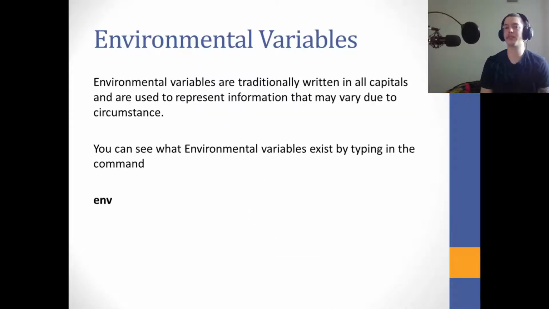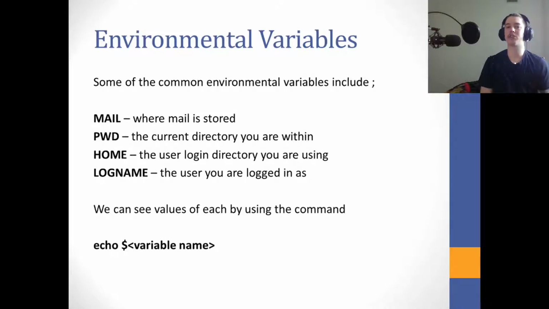This is used to represent information that may vary due to circumstance. And you can see what these variables are by typing in the command env. We can see values of each variable by typing in echo and then putting the $ sign, which is essentially saying variable, and the variable name.